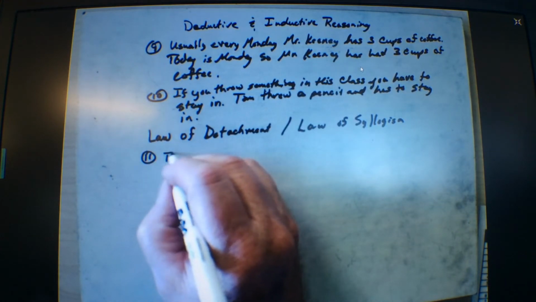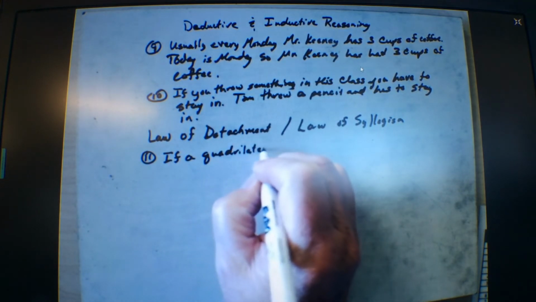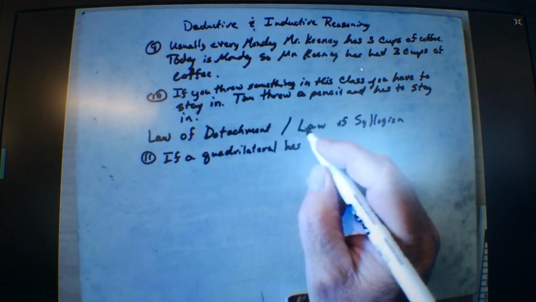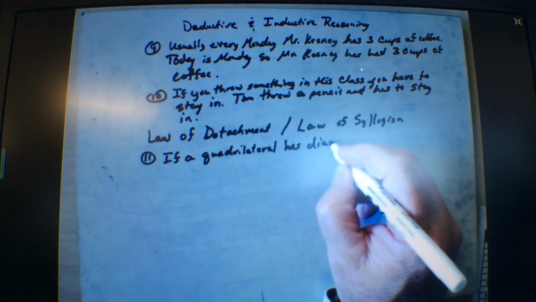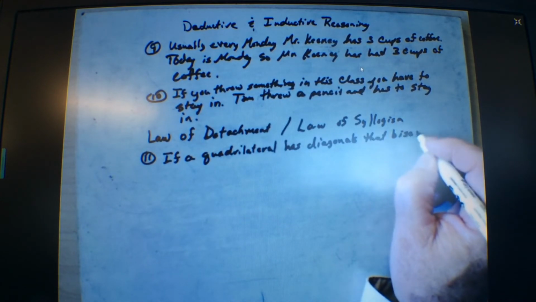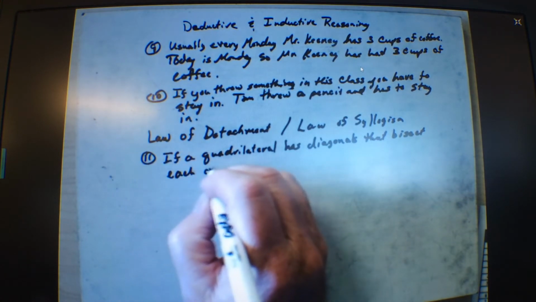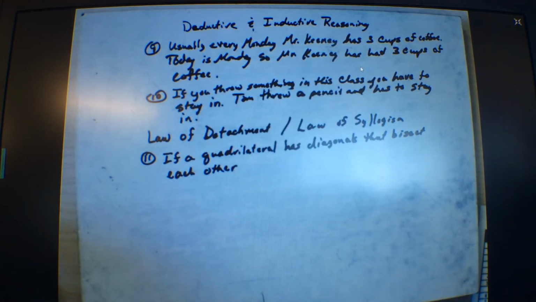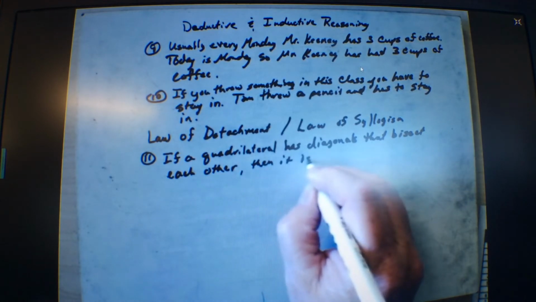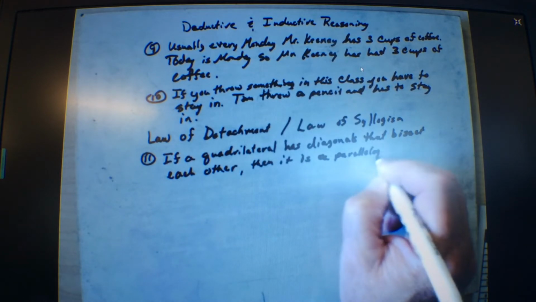So, if a quadrilateral has diagonals that bisect each other, then it is a parallelogram.